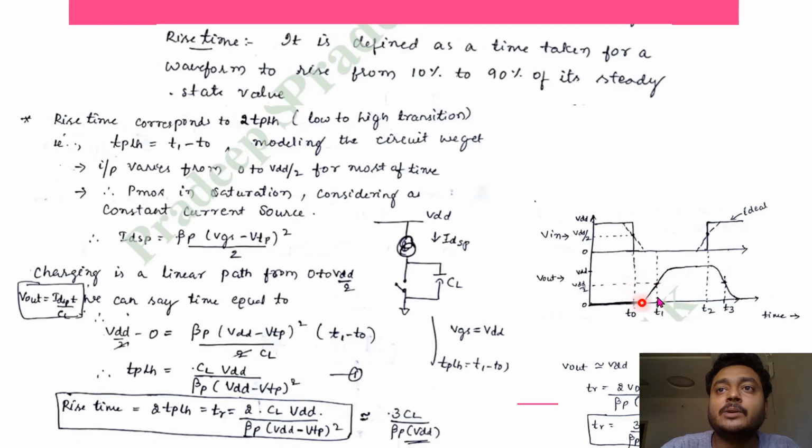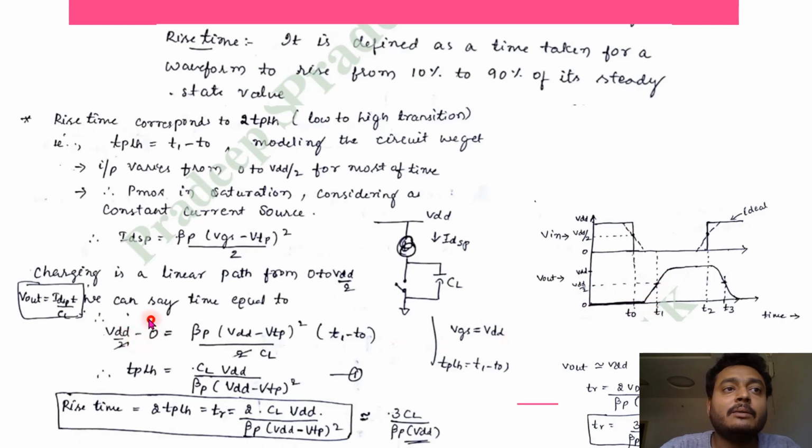This is the output swing. So V out can be given as V out is equal to IDSP into T divided by CL. Here I am taking V out from 0 to VDD by 2.